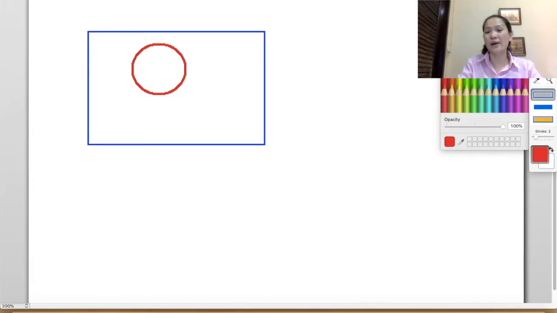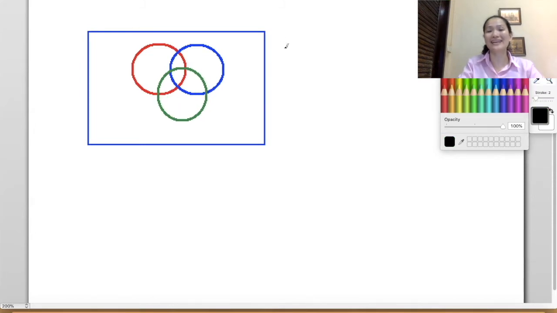I use red color for A, and I put B here, this one B, and put C here. Let's see. Okay, I label them again.